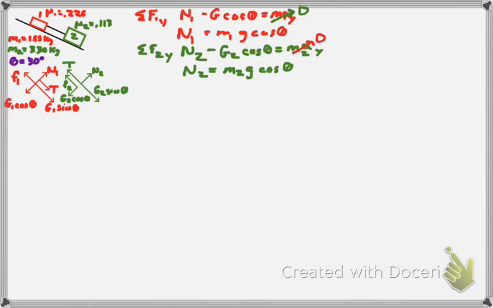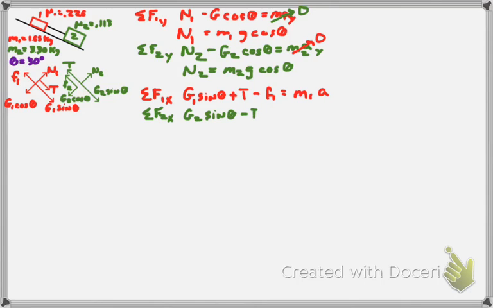I'm going to leave it as the equation, but we could solve for the answer right there. Then the sum of the forces in the X direction for the first object is m1 g sine theta plus T minus F1 equals m1 a, and it's the same equation with a negative T for the other.